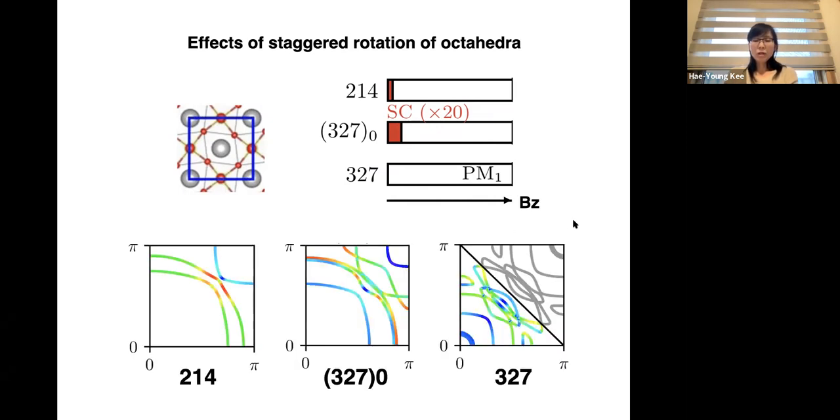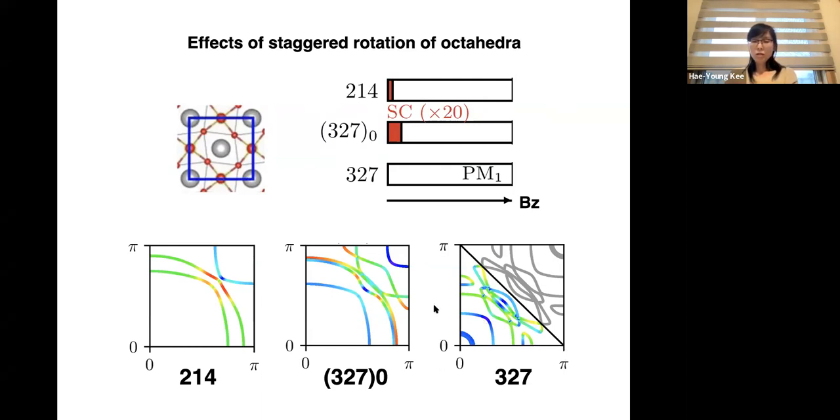So again, we look at, okay, what about this mixing of the orbital and the spin through the spin-orbit coupling? And that again explains why there is a lack of superconductivity in the 3 to 7 once we have the staggered rotation. The Fermi surface has to be not only bilayers, but has to be doubled because of the doubling of the unit cell.